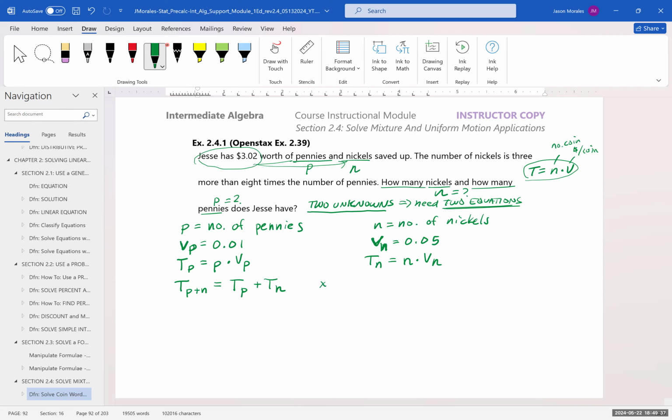And what we know from what was given is that the total of pennies plus nickels equals $3.02. That was given to us up here.